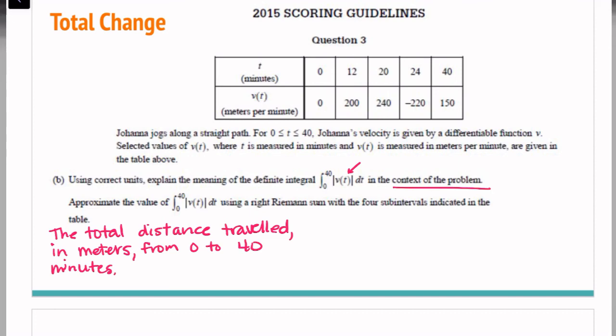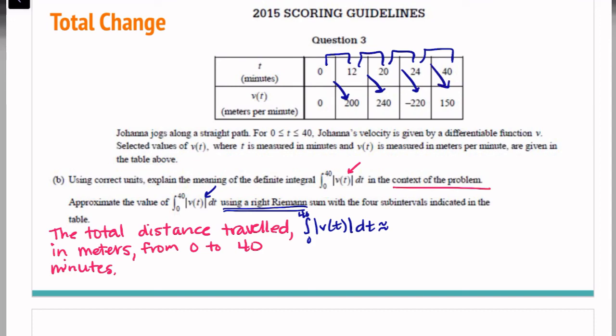Now they're asking us to approximate the value using a right-Riemann sum. So this is where we got to be careful, because we know that absolute value means everything has to be positive. So the integral from 0 to 40, the absolute value of v of t dt is going to be approximately, so a right-Riemann sum, I got to go to the right. So these are going to be my values, okay?